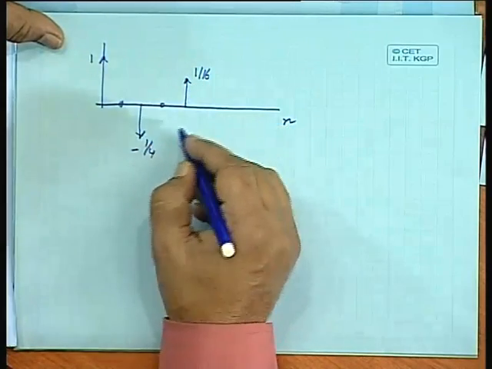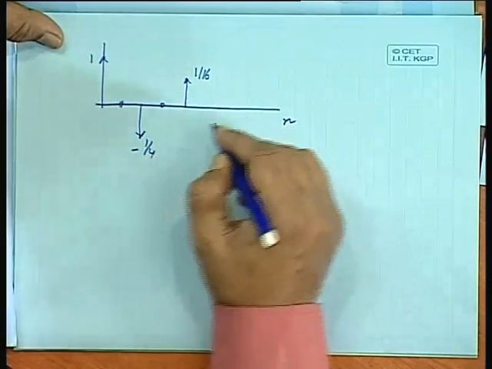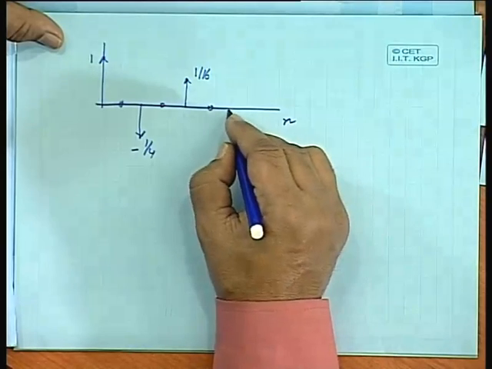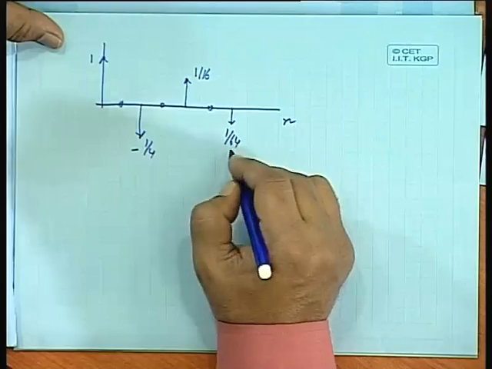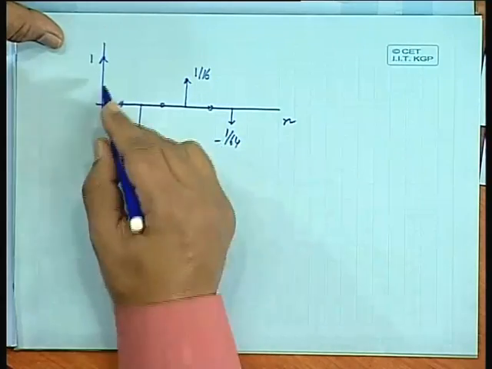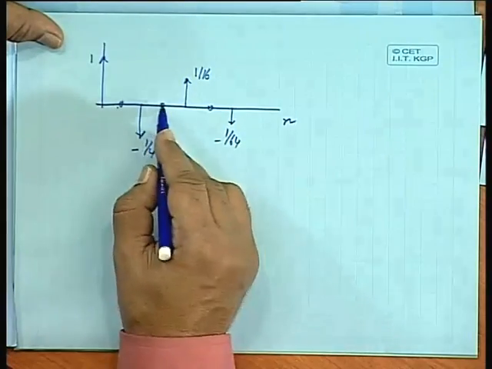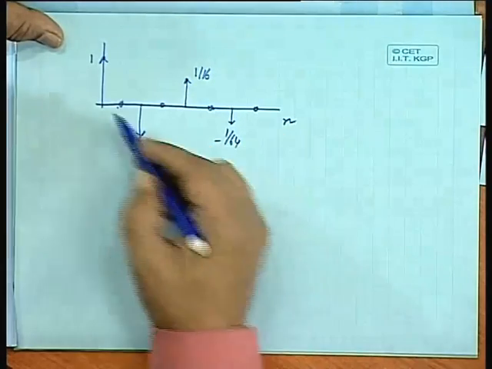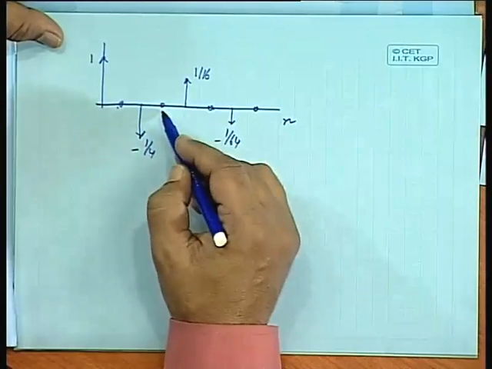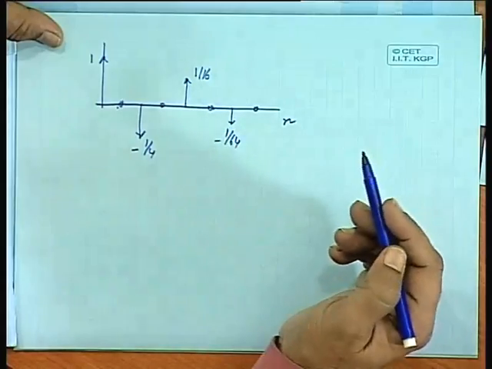These are not shown to the scale, so I am just writing the values on this. It is gradually diminishing in magnitude, 1 by 64 and so on, and they are coming alternately plus minus with zeros appearing in between. So, it is 1, 0, minus 1 by 4, 0, 1 by 16 and so on.